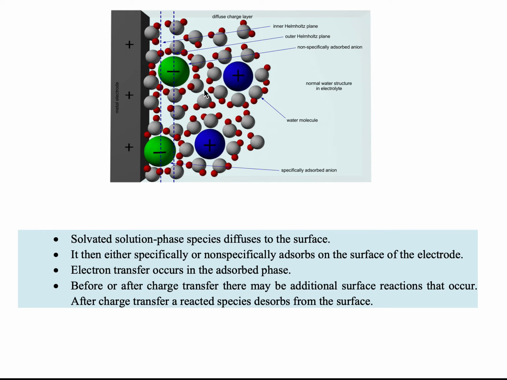Non-specific adsorption is when the solvation shell stays intact. Once the species is adsorbed on the surface, electron transfer occurs in the adsorbed phase. And then, after electron transfer, there may be some other chemical steps that occur, and eventually this adsorbed species desorbs back into solution. That is how heterogeneous electron transfer occurs at the electrode solution interface.